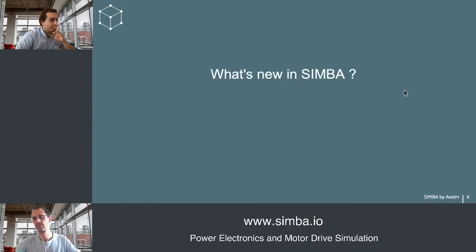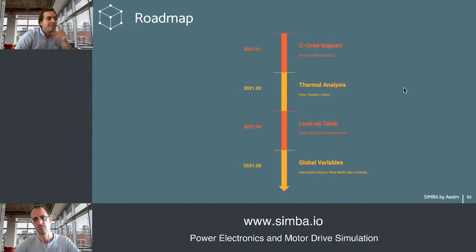So, what is new in SIMBA? We released the first version of SIMBA a few months ago. And since the initial release, when we did our first webinar, we have added a lot of very cool new features. We have kind of an aggressive roadmap. We release new versions every month or two, which is, I think, kind of unique in the industry.